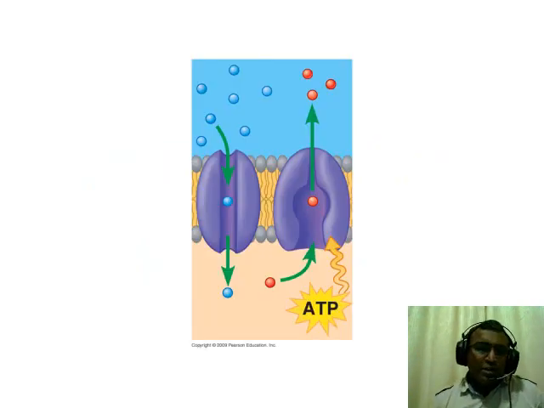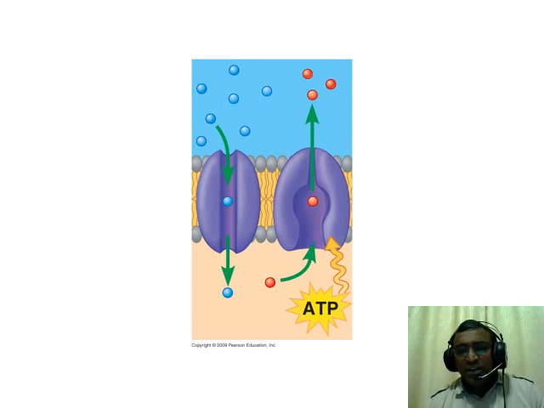Here on the left, passive transport through the protein channel found in the cell membrane, from highly concentrated to a low concentrated area. Then on the right, active transport, which requires ATP hydrolysis, and this energy is utilized to drive the low concentrated molecule to a higher concentrated area.